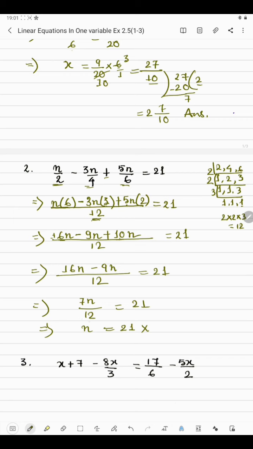Means 12 was in the denominator, so it will go up, and 7 was in the numerator, so it will come down. Now see, this 7 and 21 come in 7's table. 7 ones are 7, 7 threes are 21. So we have 12, we just multiply the numerator. So we have 12 into 3 is 36 by 1, which can be written as 36. So the answer of question 2 is 36.